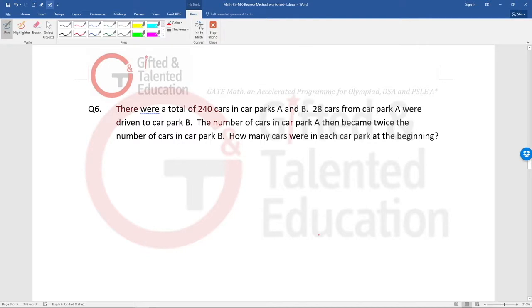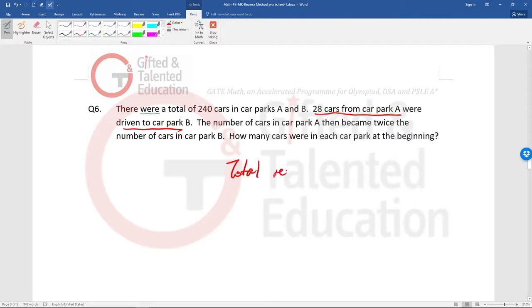For question 6, there were a total of 240 cars in car parks A and B. 28 cars from A were driven to B. So for this question, we observe that the total number of cars remains the same because it is an internal transfer.